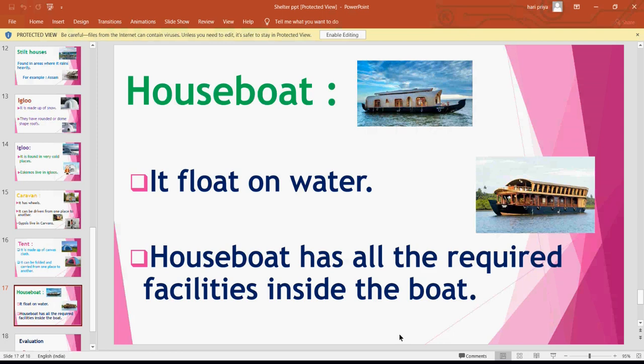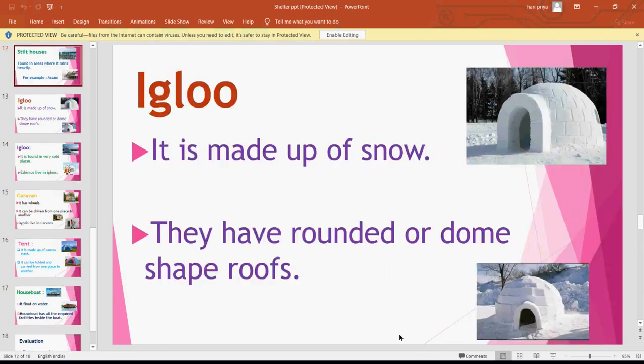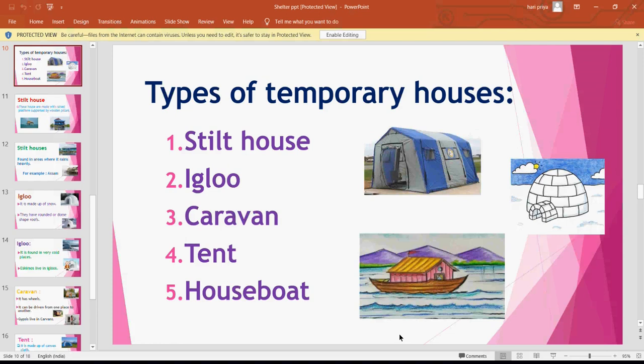Are you all clear with these 5 types? Let me know whether you are all clear. Okay, super. If you have any doubt, you can ask your questions in your chat box.